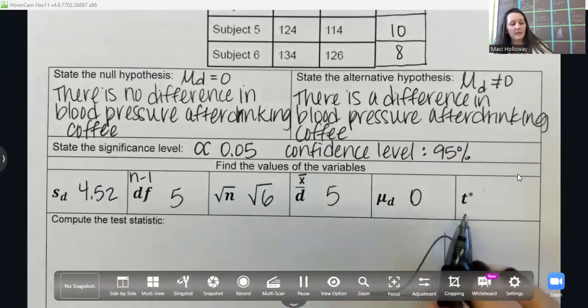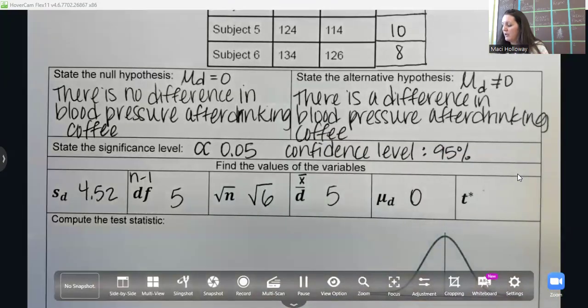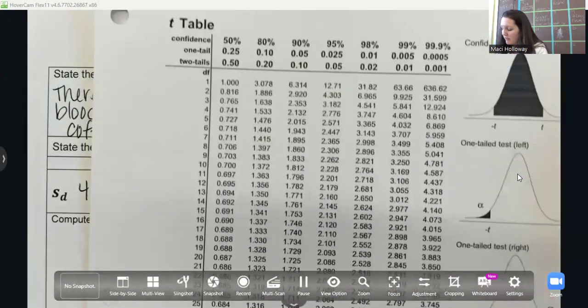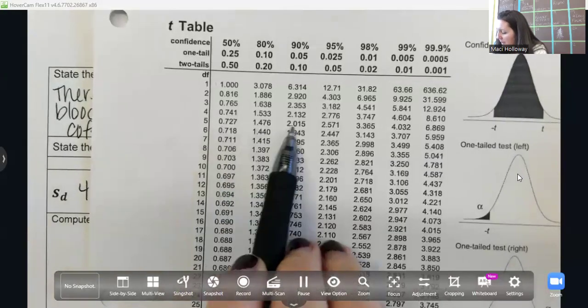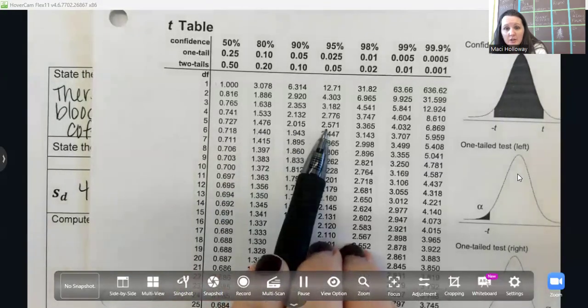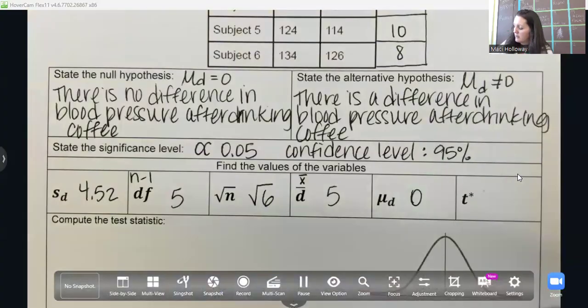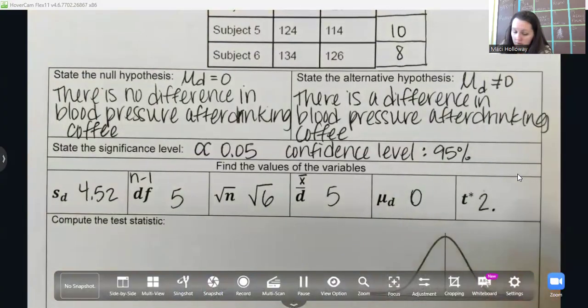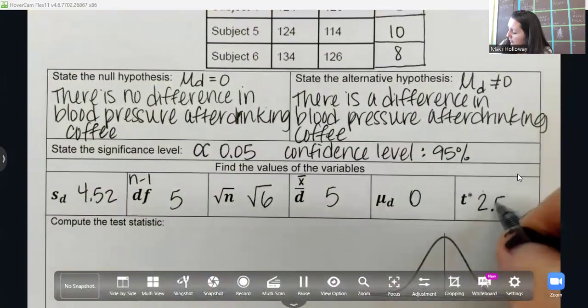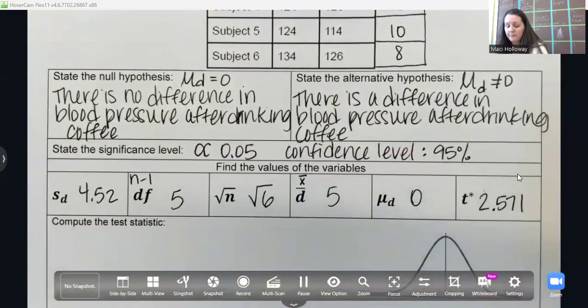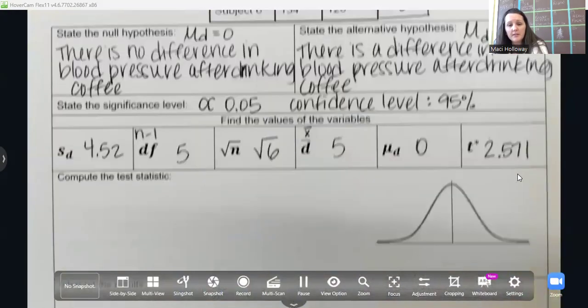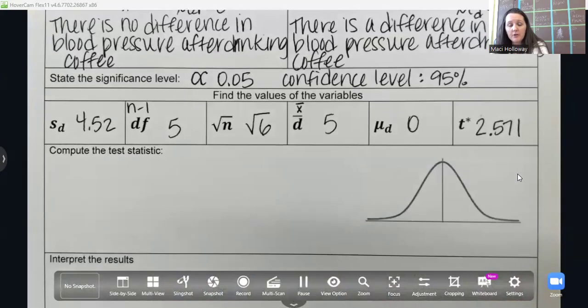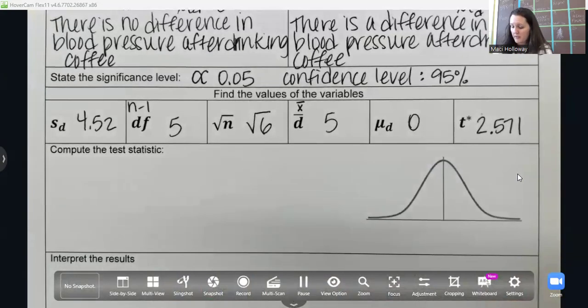And our t critical value, we need to use our t table to find out. So our degrees of freedom was 5. So I'm going to follow 5 over to my 95%, and it's 2.571. So my critical value is 2.571. All right, now let's compute our test statistic to see if there was, in fact, a change or not.